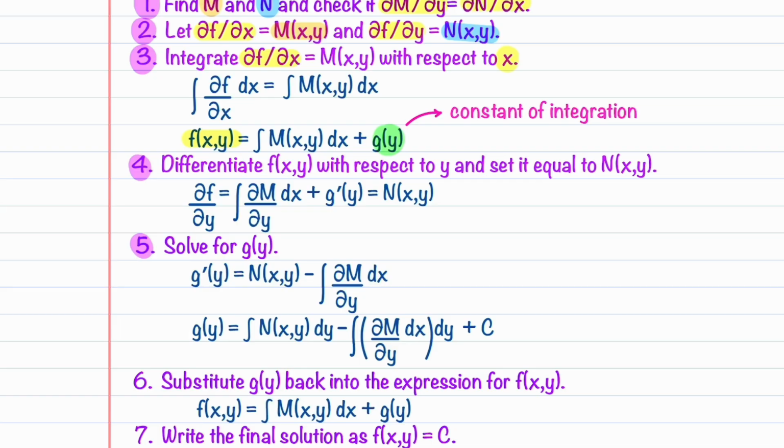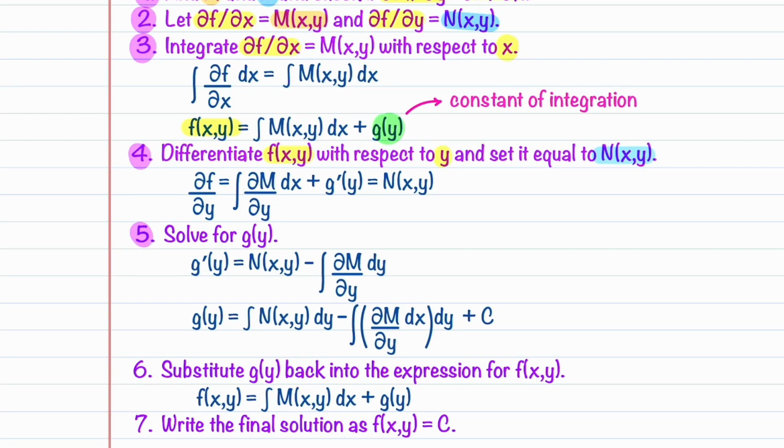We are going to differentiate f with respect to y this time, and then set that equal to N. When we do this, we're going to get the derivative of g with respect to y, and then down in step 5, we can integrate this and find g of y.